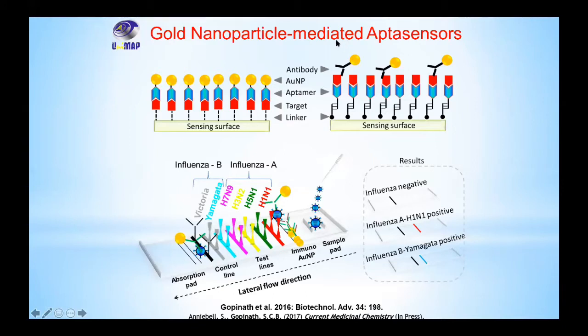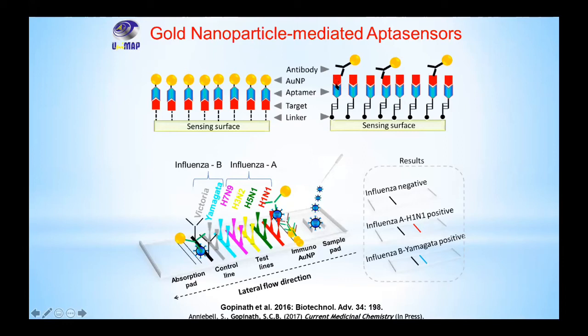This is an example of using aptamer in development of a lateral flow-based sensor. As you can see here, this is the aptamer, and the aptamer interacts with the protein of interest, the one that we wish to detect.